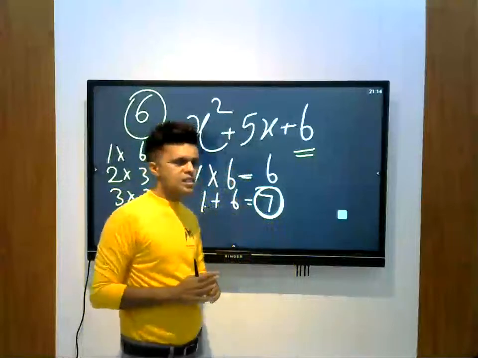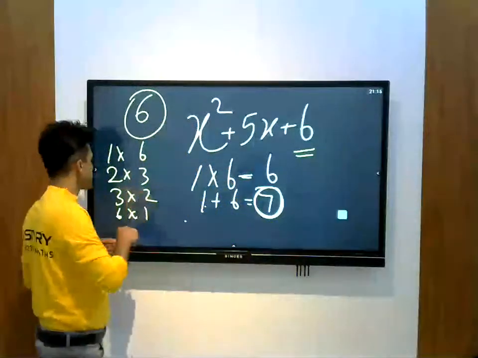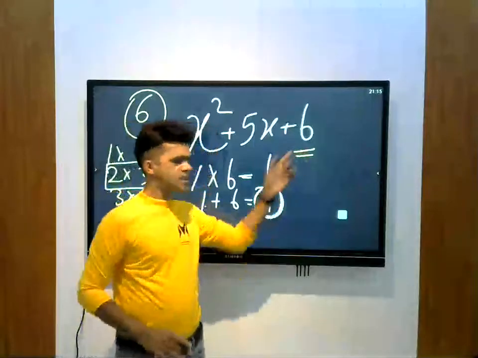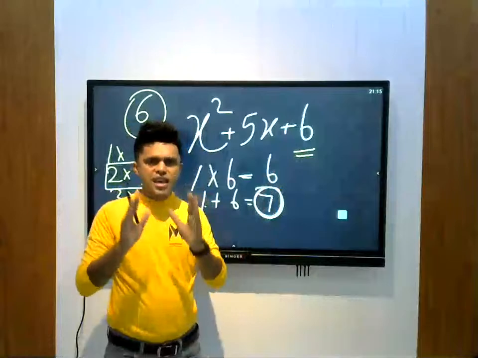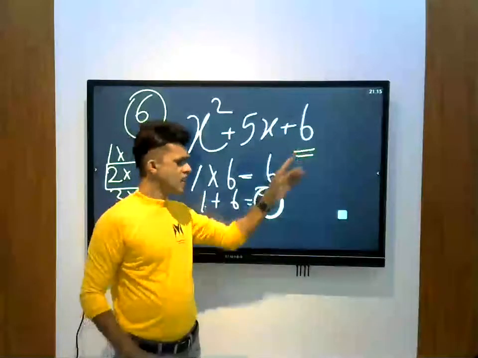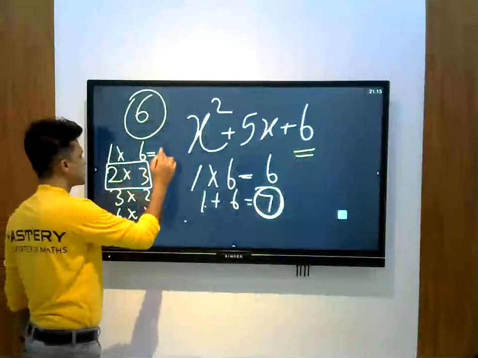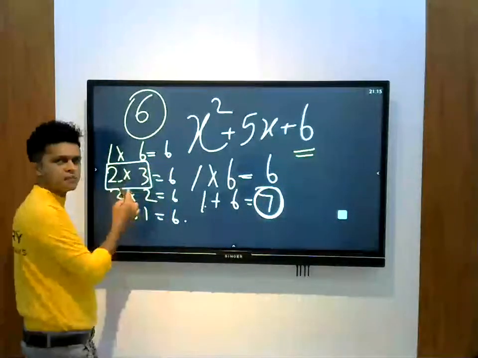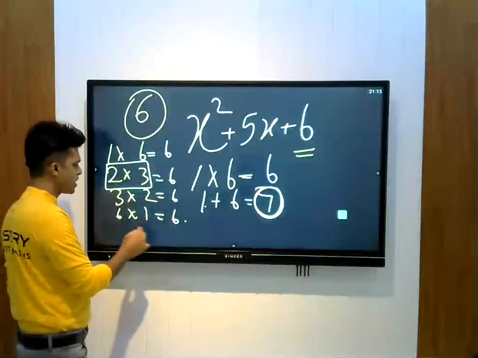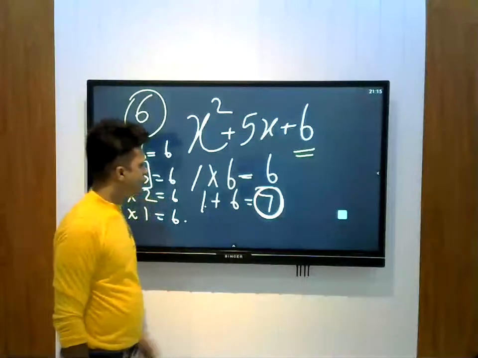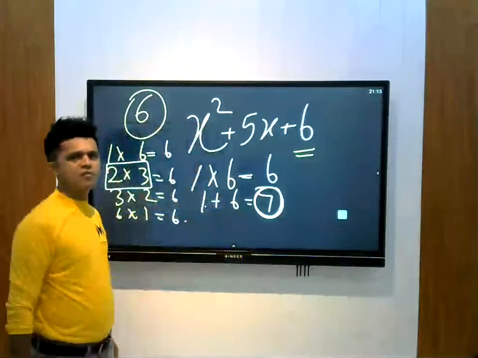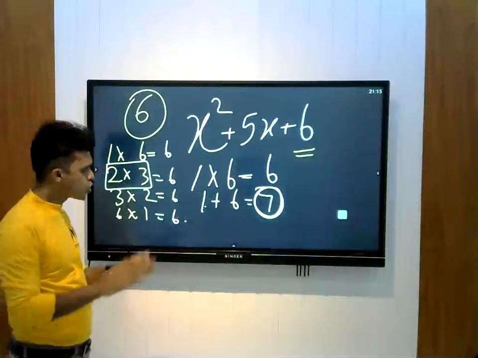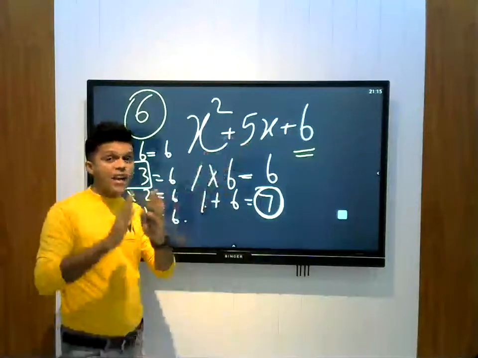When you multiply the taken digits, you need to get 6. When you get the product of the taken digits, you should get 6. Every time with these factors you are able to get 6: 1 times 6, 2 times 3, 3 times 2, 6 times 1. But when you simplify these taken factors, you should get the digit 5 as well.